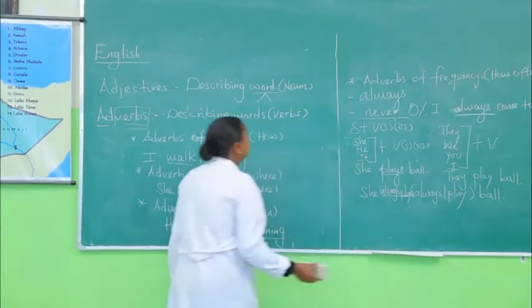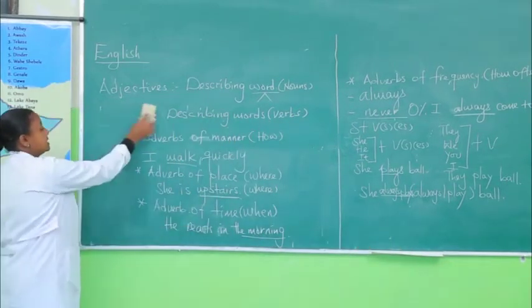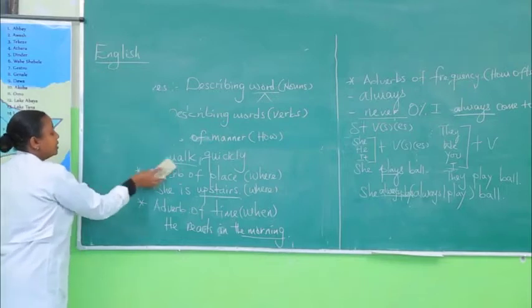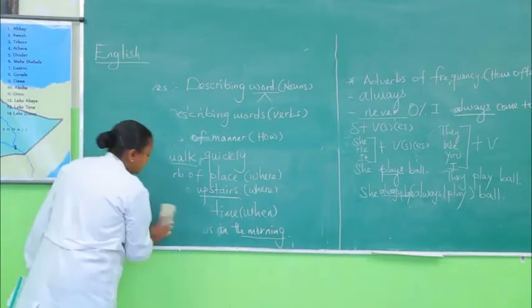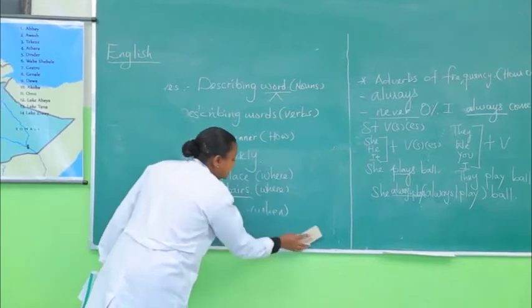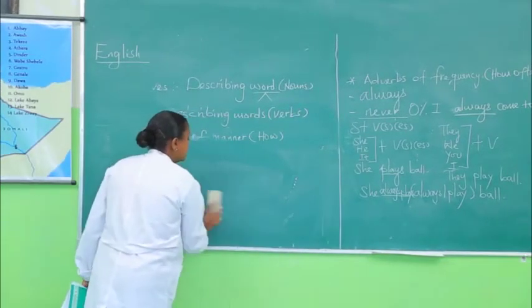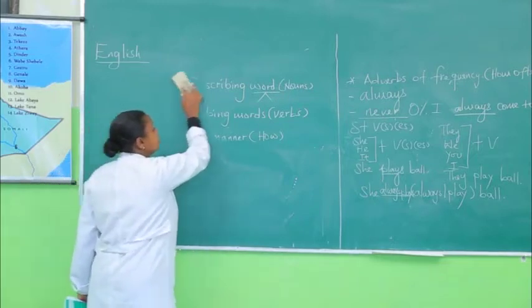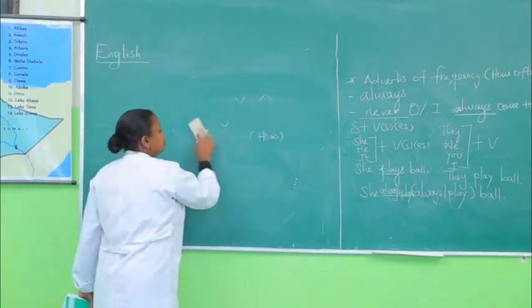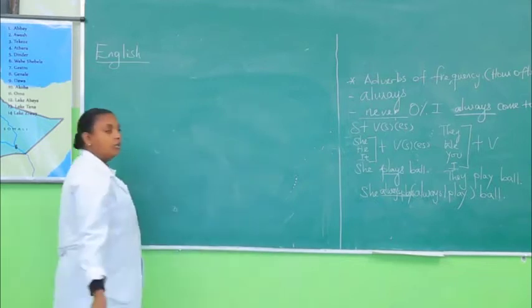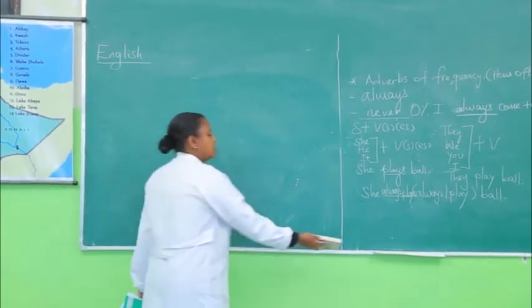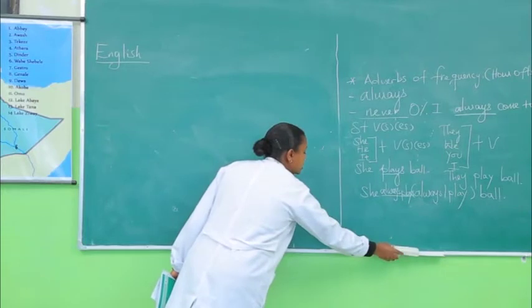And the next one is, if you remember last time, we discussed writing, and when you are writing paragraphs, I told you some rules that you have to follow. Do you remember those rules? Very good. Those are punctuation rules.